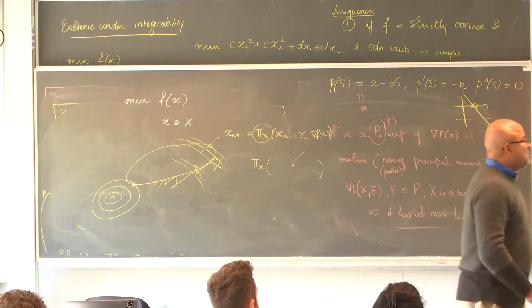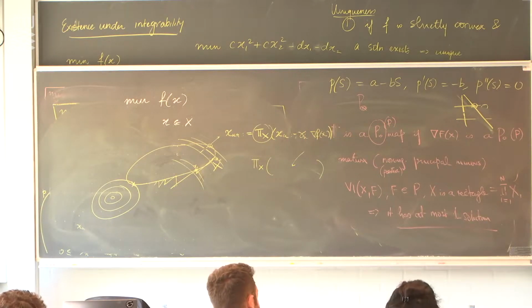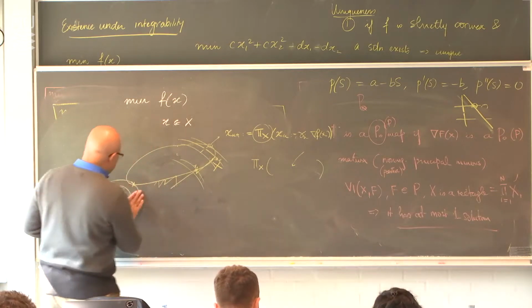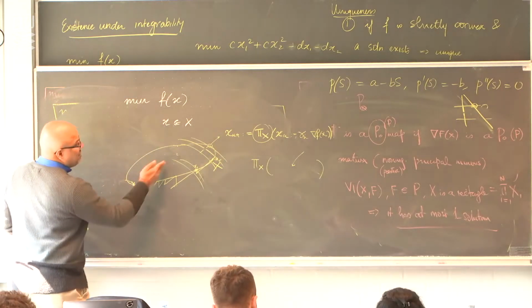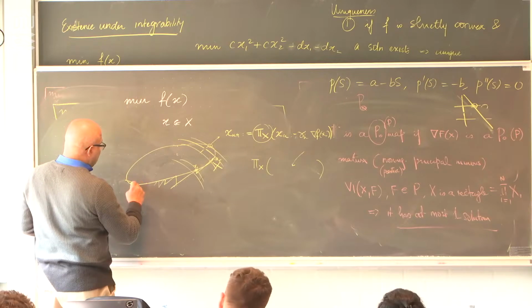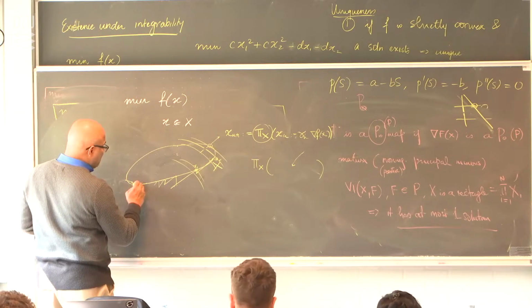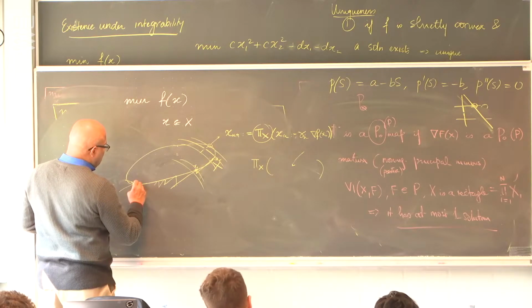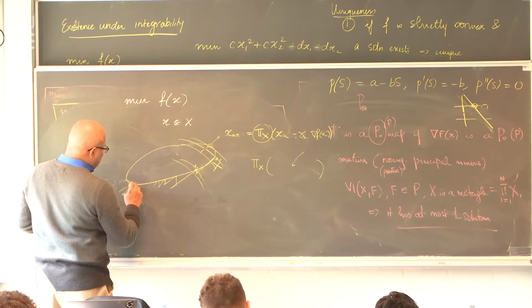The only difference for VIs is, remember what a VI is. For the solution of a convex optimization problem, if it's in the interior, the gradient is 0. If it's on the boundary, remember what the statement is: you want to make sure that the gradient lies in the normal cone.